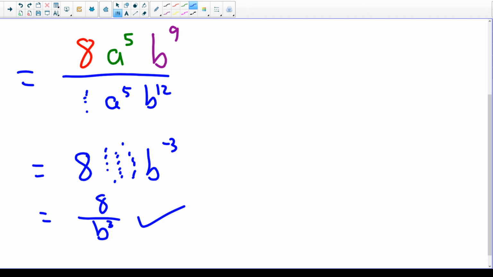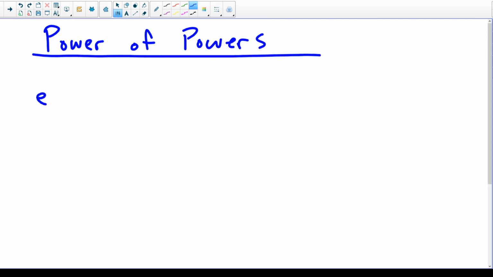Let's do the final law. I actually didn't set it up, but we do have a little bit of time here. So the final law is the power of powers law.